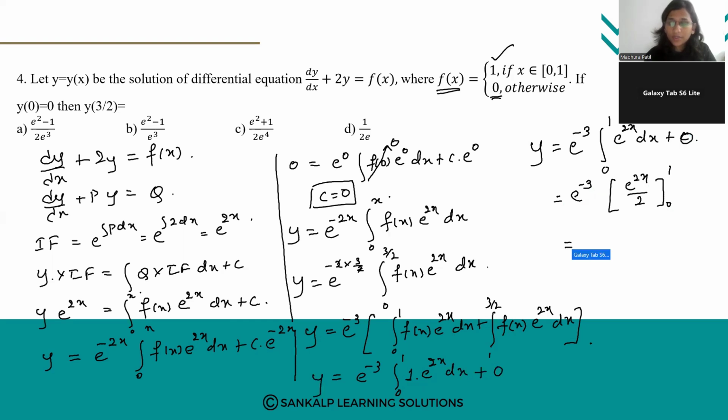Now if I put the limits, I get e square minus 1, divided by 2, times e cube. So this is your final answer. So which option is correct? Option A is correct. Thank you.